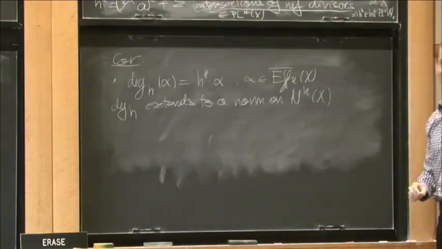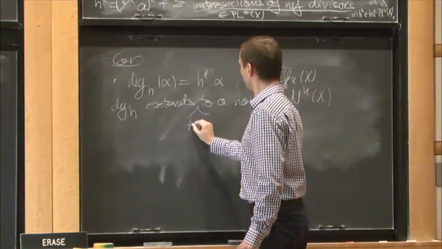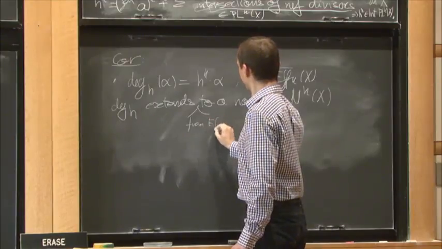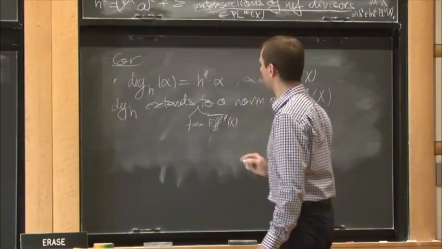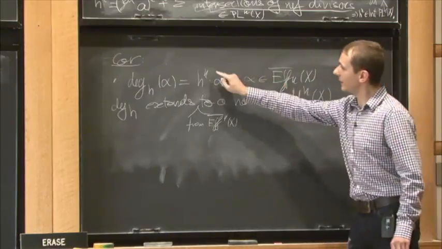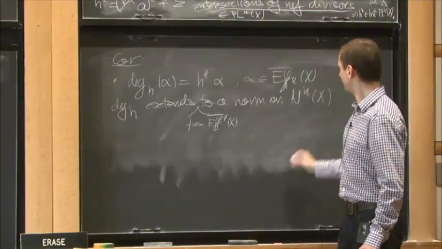So not linearly, but it extends from the pseudoeffective cone. This is because I know H^K is in the interior of the dual of this cone.